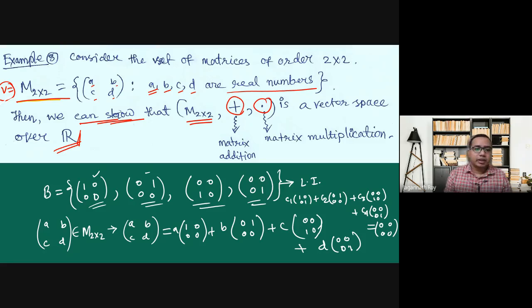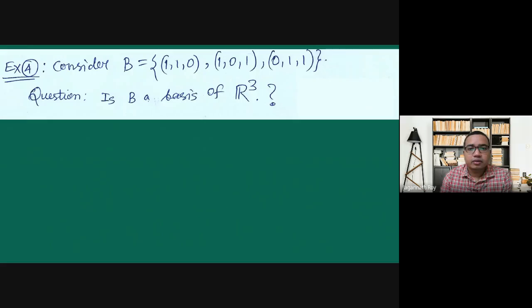So this is actually a basis for this matrix space, the basis of the vector space M 2 cross 2 matrices. So this is another non-trivial example of a basis. Now whether the next set is a basis or not, it is your task to verify.